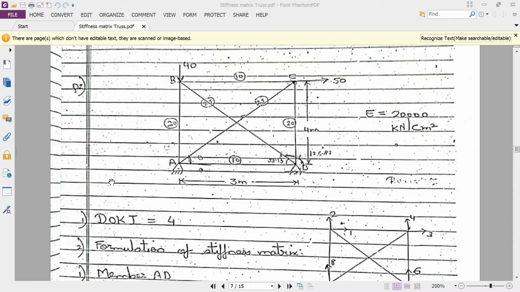Today we will see the next example of stiffness matrix of the truss element.